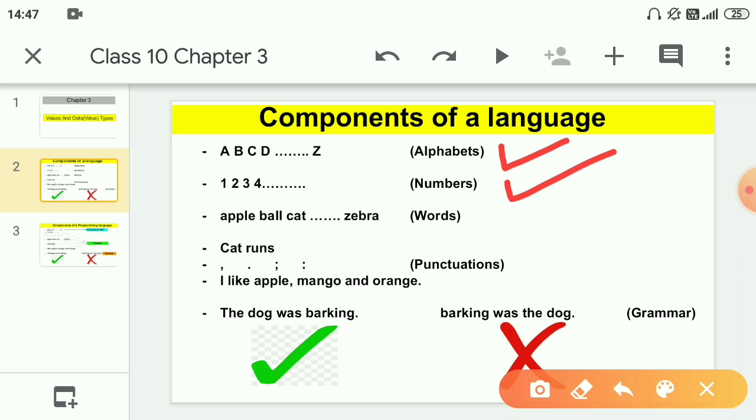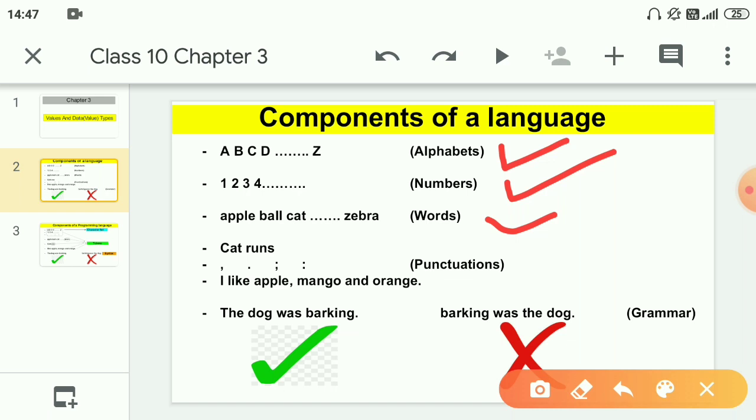And then you start learning the words which are made up of the alphabets, like A for apple, B for ball, C for cat. So all these words are made up of a sequence of alphabets, isn't it? Any word in the English language is a combination of a sequence of alphabets.